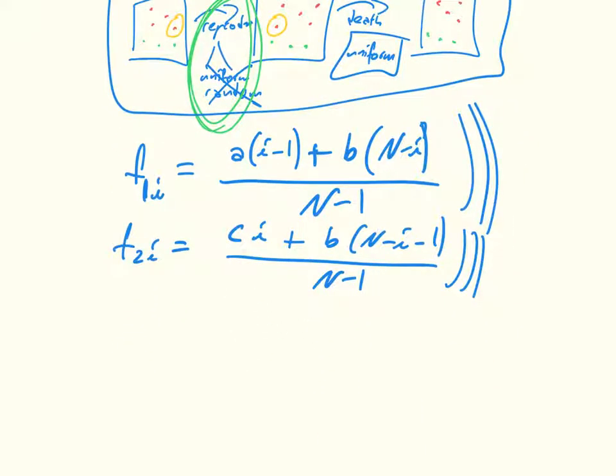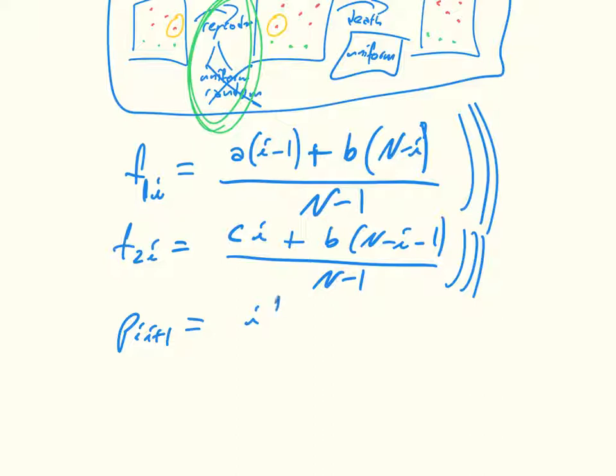So we have that pi_{i+1} is going to be equal to the probability that we select an individual of the first type to be reproduced. And we do this by weighting the probability by the fitness.